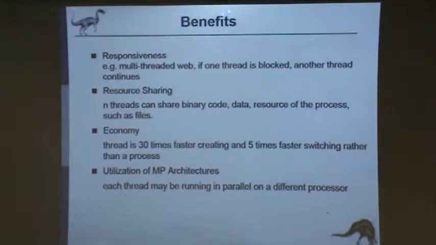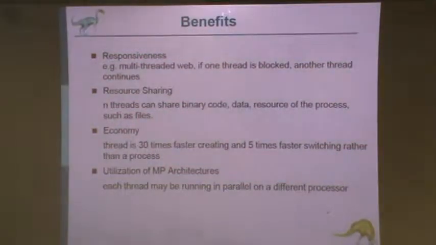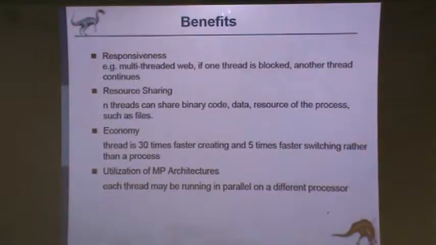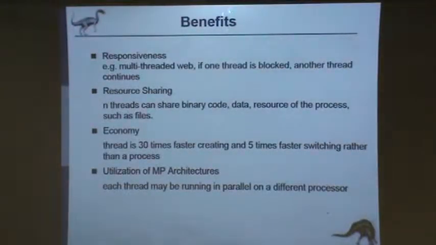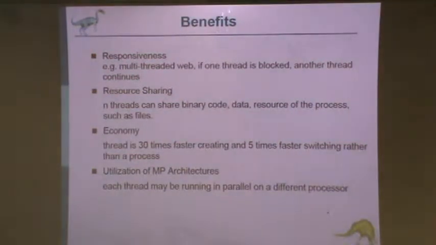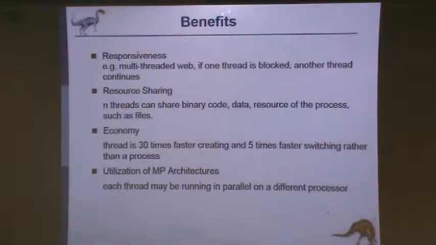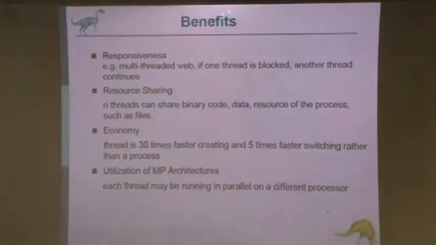Okay, benefits. If you run several threads simultaneously and one is dead or blocked, the other ones will continue running. So it improves the efficiency. Also, we can share resources because we have limited memory, so it can save resources.